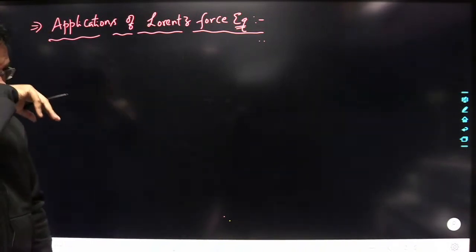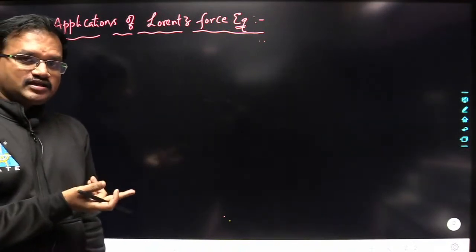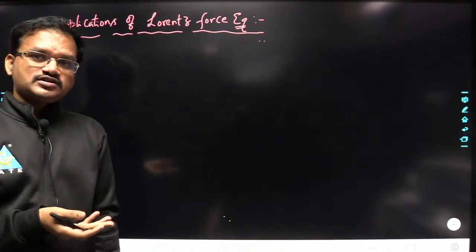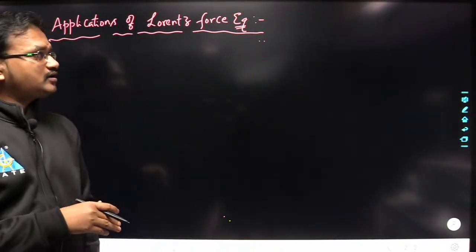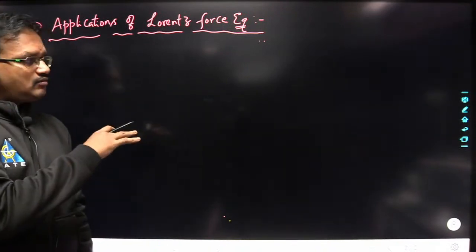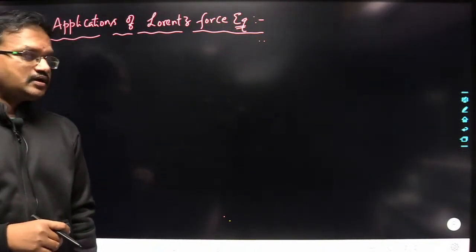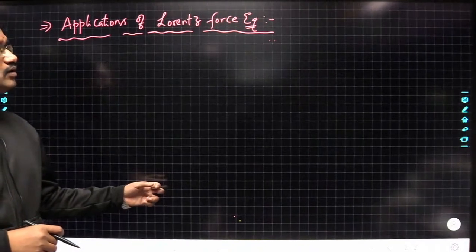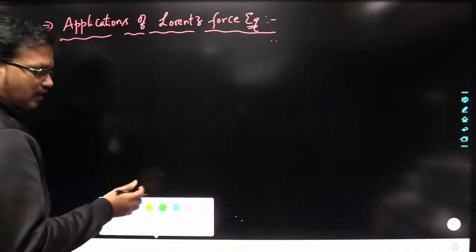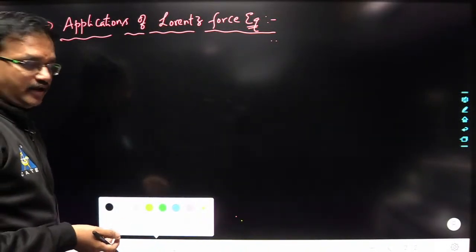KVL will come from here only, KCL will come here only. Continuity equation, Laplace equation, Poisson's equation, right? And then Lorentz force equation. All these applications are present in EDC also, right? KVL, KCL and Ohm's law are applications in network theory, right?